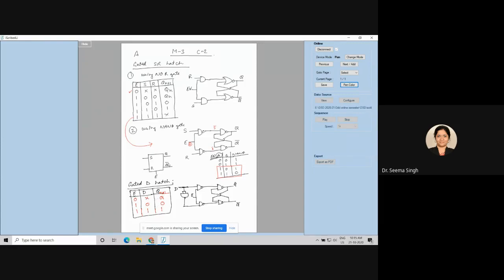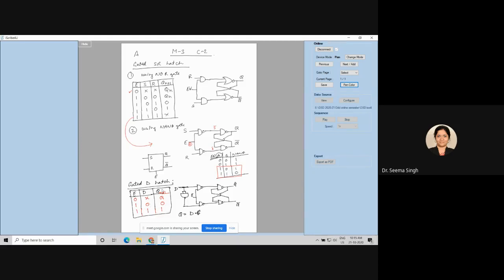So the formula says that Q will be equal to D. Because enable is also there in the picture, if enable is high, then Q is equal to D. So you can see Q is following D.